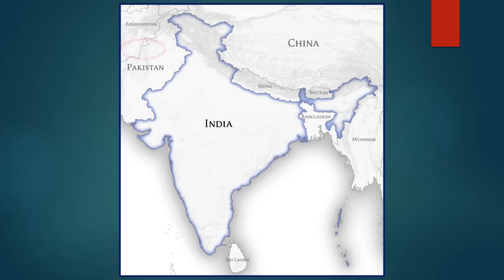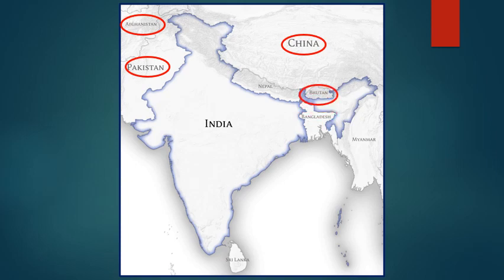The first one is Afghanistan, which is in the northwest. So it is in the north and towards the west side. This is Afghanistan. The next neighbor is Pakistan, which is also in the northwest. Then we have China, which is in the north.